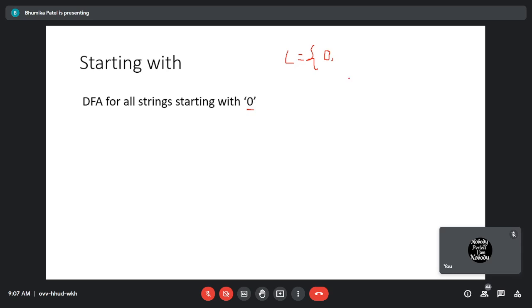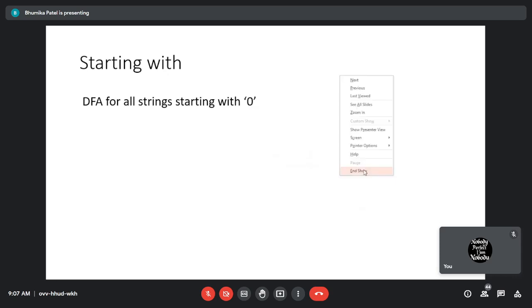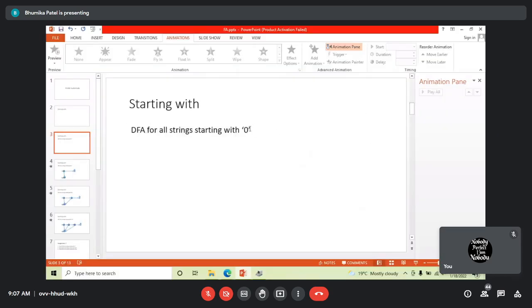So the first minimum length string will be 0. Yes or no? Yes, ma'am. Here if I am saying starting with 0, then you have to consider sigma to be 0 and 1.